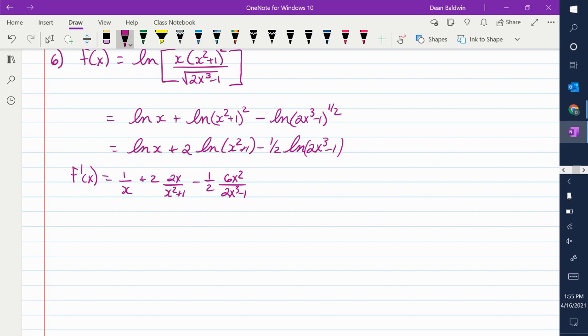You're done. I mean, you can simplify this and clean it up, but logs actually make your life easier, which is something you probably wouldn't have said when you were in Math 12. So that is the answer.